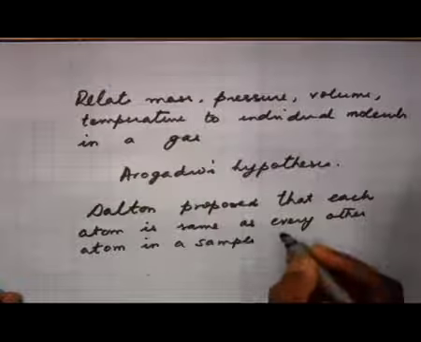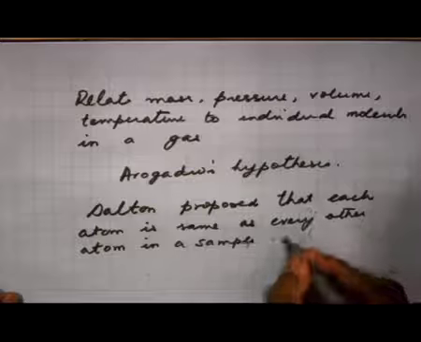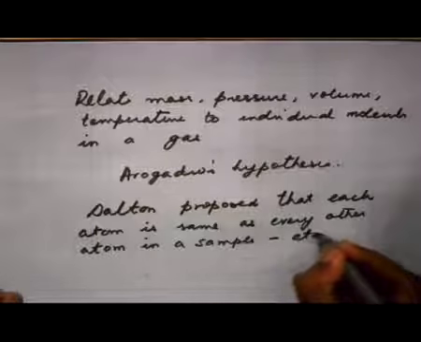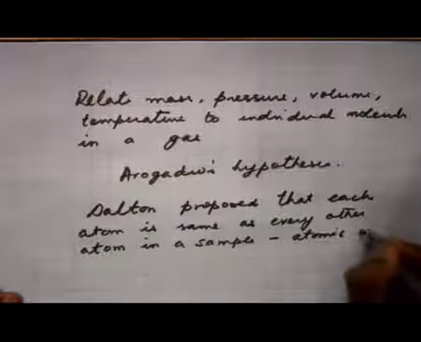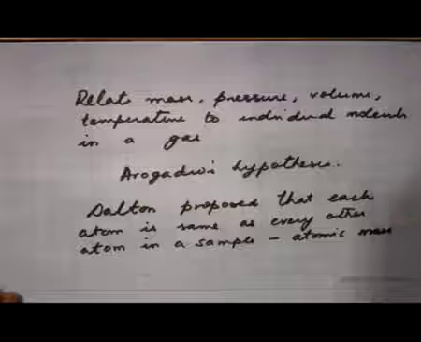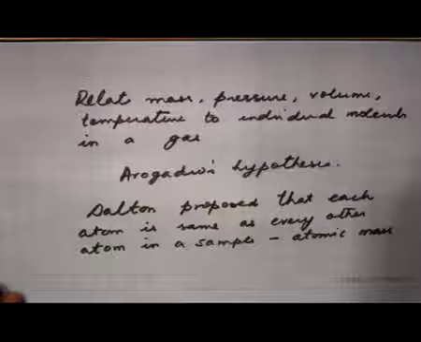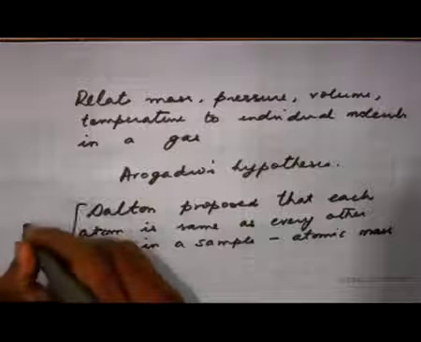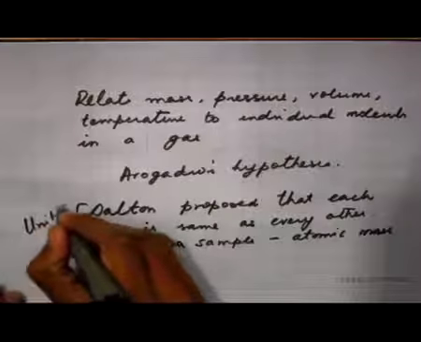So what it implies is that there is a characteristic atomic mass, and this is something that Dalton had introduced. Once again, you will see it in unit 1 of your book.